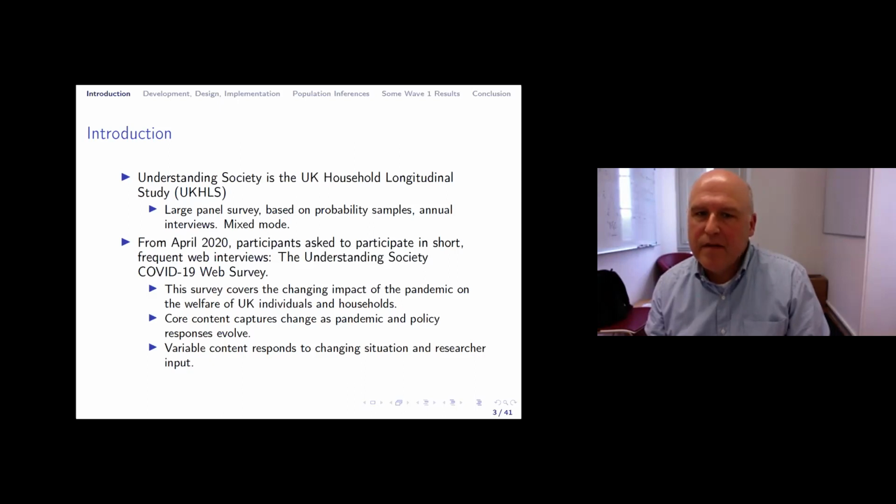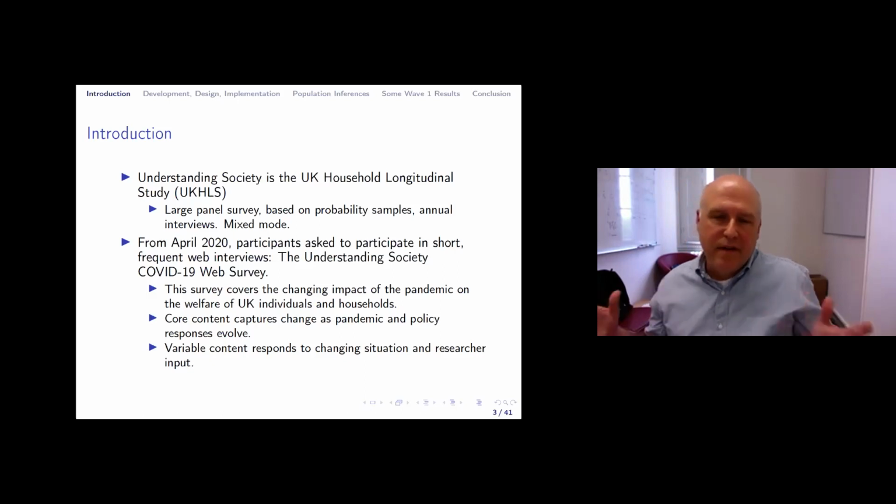And it's a mixed mode survey, meaning that we interview both face-to-face and via web mode. It started as entirely a face-to-face survey, but has transitioned since its inception in 2009 to being a mixed mode survey.